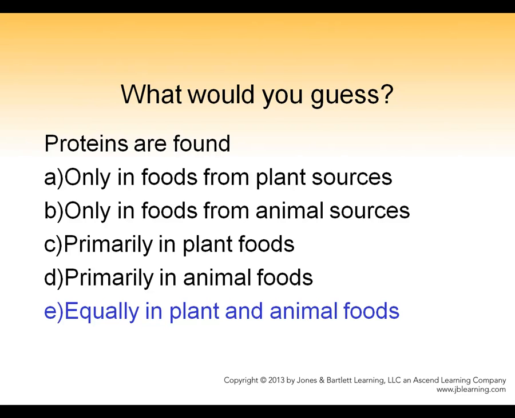So while plants may have as much protein, animal foods are more protein rich for those two reasons: digestibility and amino acid content.